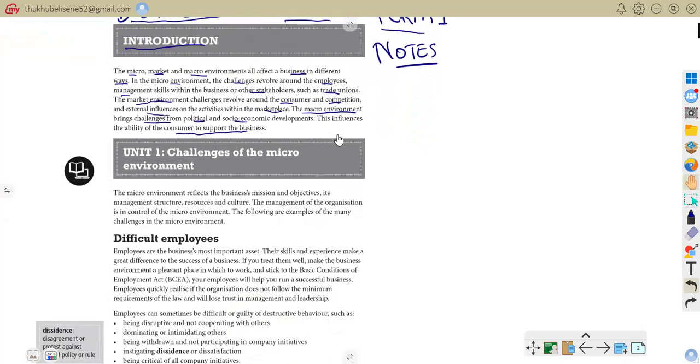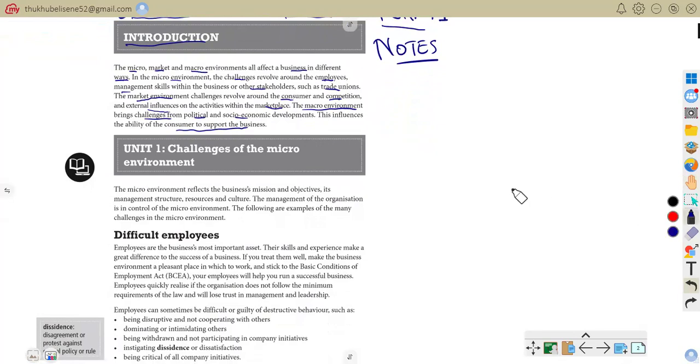Now we are coming to Unit 1. With Unit 1, we are going to talk about the challenges of the micro environment.